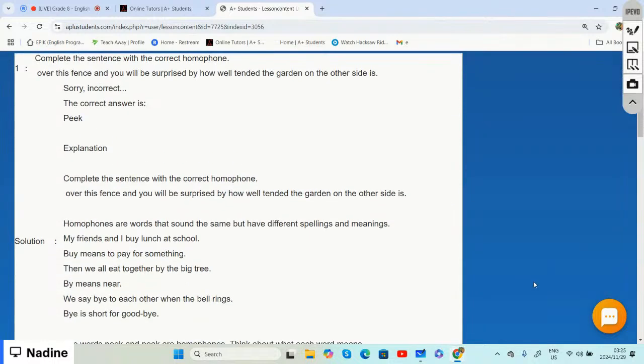And remember, we said homophones are words that sound the same, but the spelling of the word as well as the meanings of the words are different.